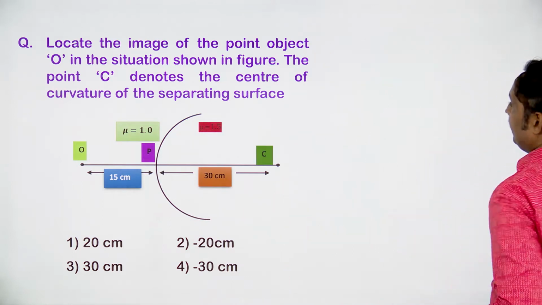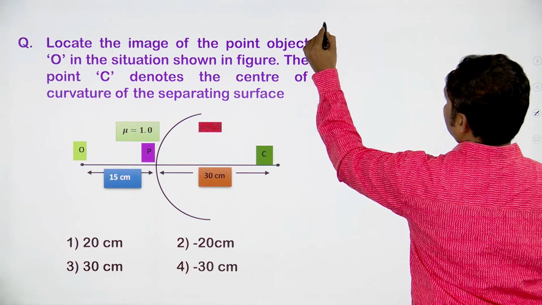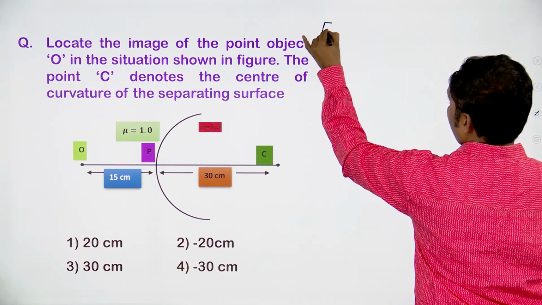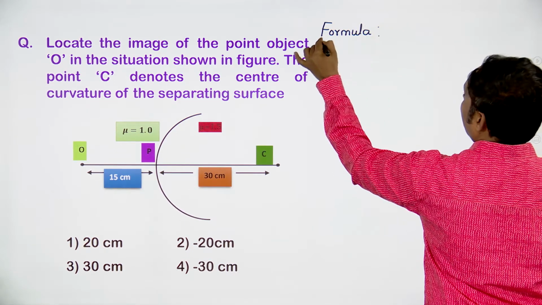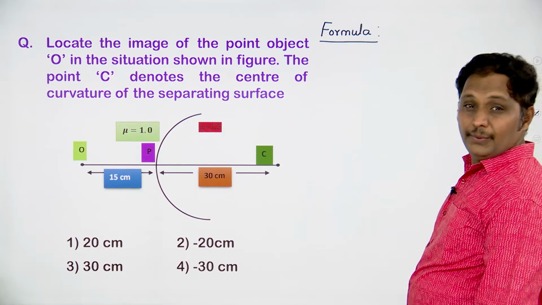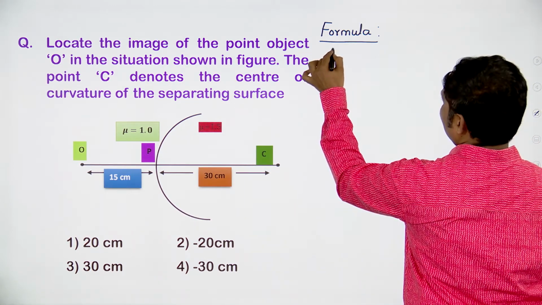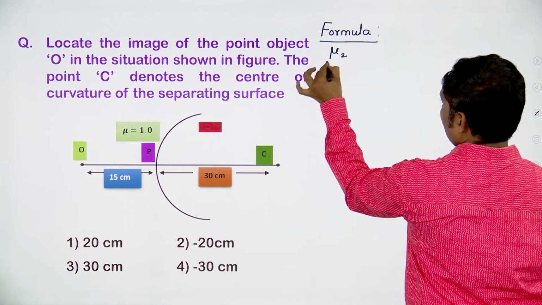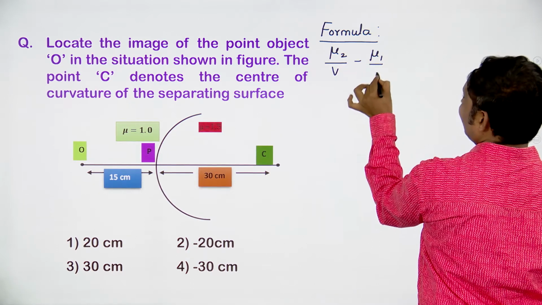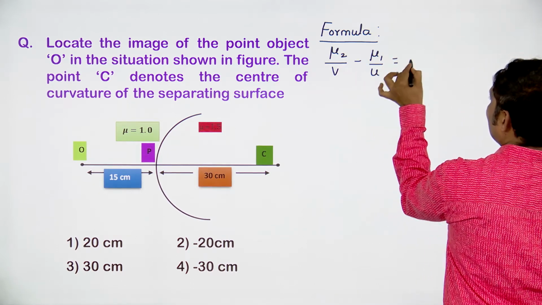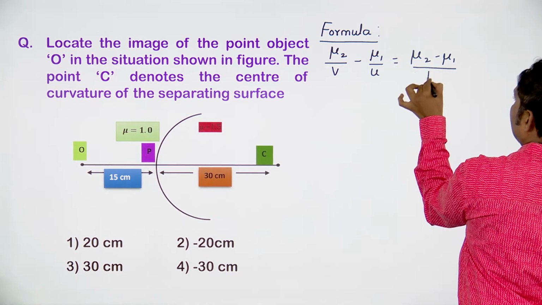Right. Okay. We would like to know the related formula. You have to take that mu 2 by V minus mu 1 by U is equal to mu 2 minus mu 1 by R. It's very clear.